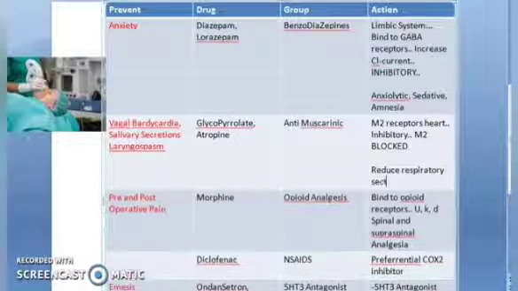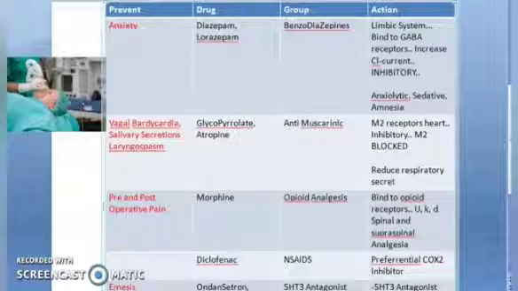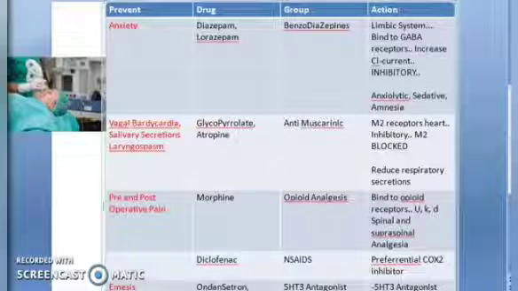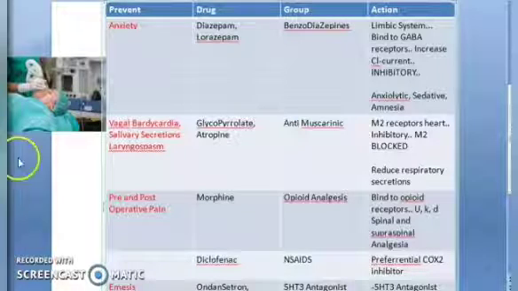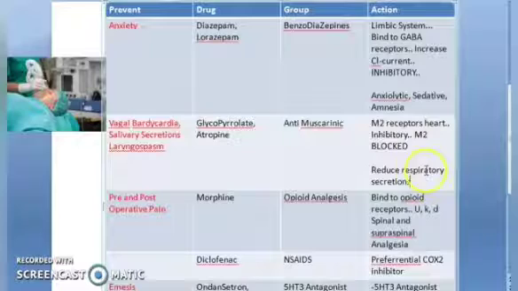Glycopyrrolate is preferred because it is more potent. It does not cause any CNS side effects and also causes less tachycardia. Glycopyrrolate is the preferred one.